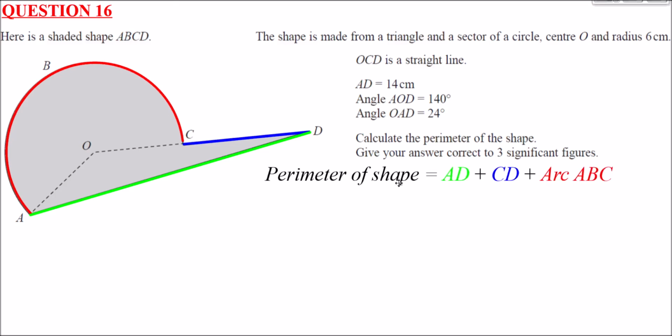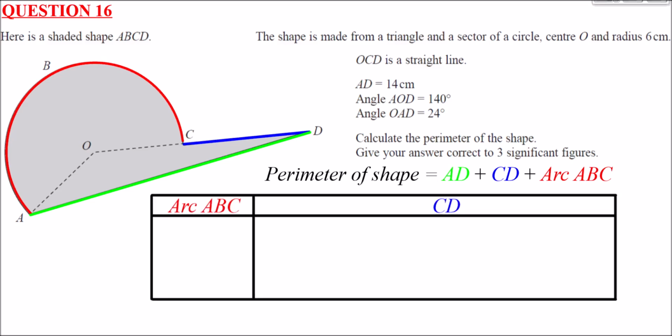Well, the perimeter is going to be AD in green plus CD in blue plus the arc ABC. The arc is just a portion of the circumference of a circle. AD is quite straightforward because we're told AD is 14. So the main things to focus on are how do we work out CD and how do we work out the arc ABC.